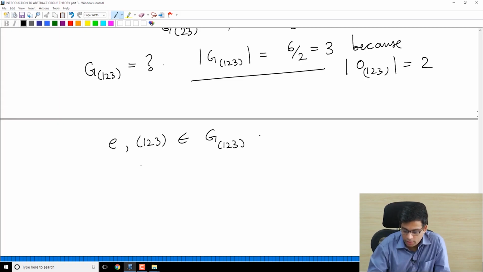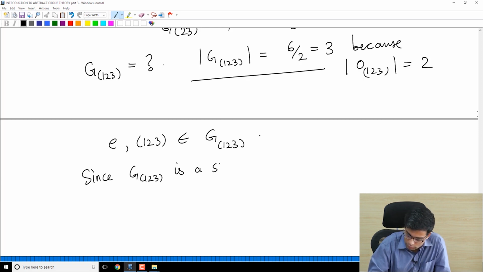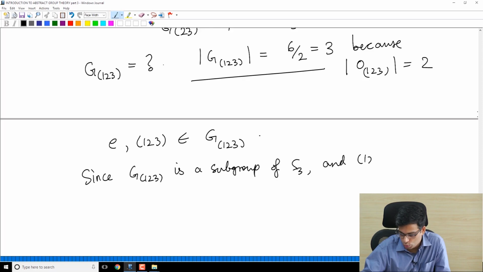And in fact, since the stabilizer is a group, a subgroup of S3, and (1 2 3) is in it, its inverse is also there.